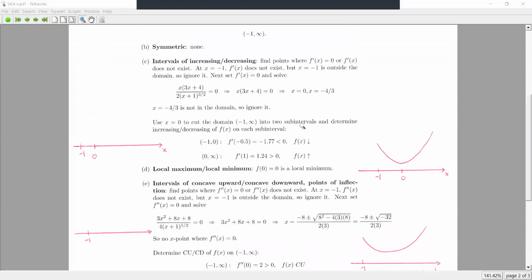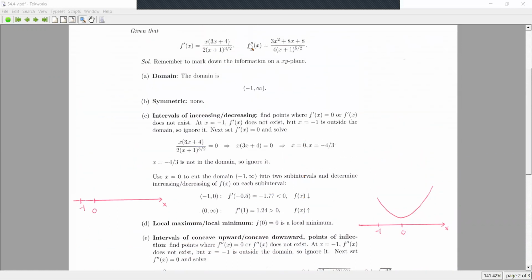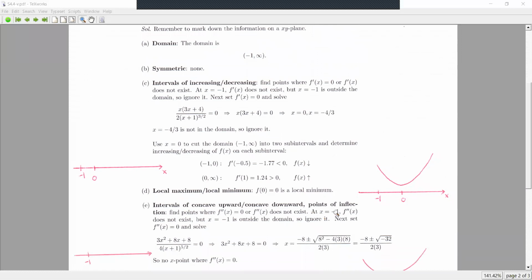The second derivative is here, given here. The point that makes the second derivative not exist is negative 1, because when x is negative 1, the denominator is 0. So at negative 1, the second derivative doesn't exist. However, negative 1 is outside the domain, so ignore it.